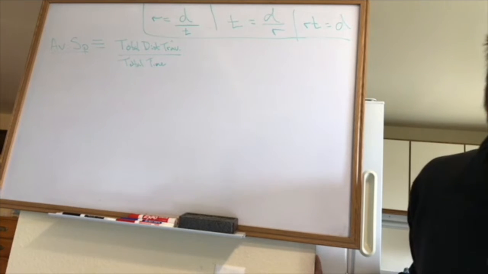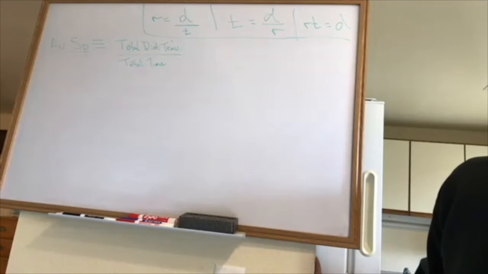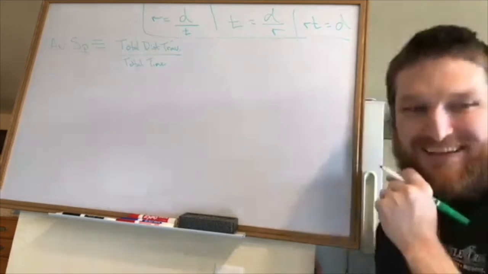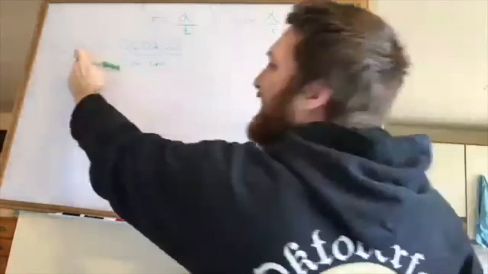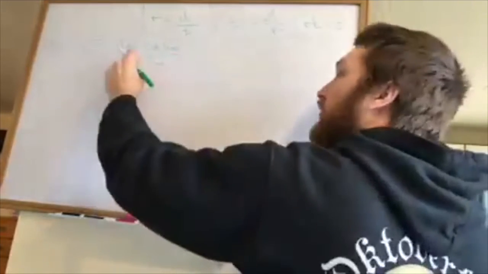And so number 26 says Wayne drove 3 hours on a freeway at a certain speed. Then he drove 10 miles in the city at a different speed. What was his average speed? Now here's the thing. In order to get average speed, we need to know 2 things: the total distance traveled and the total time.